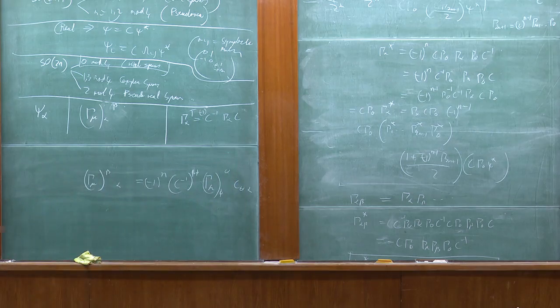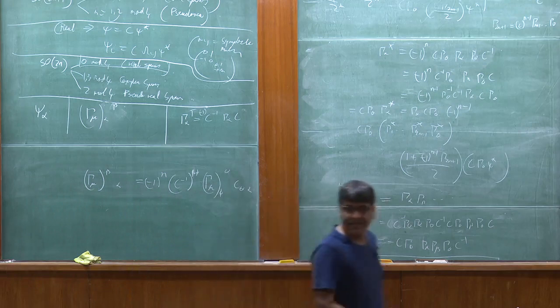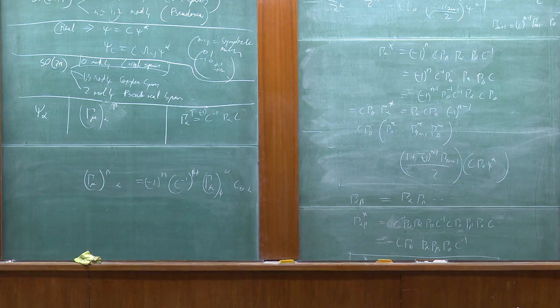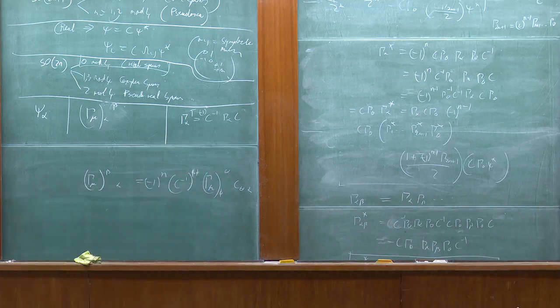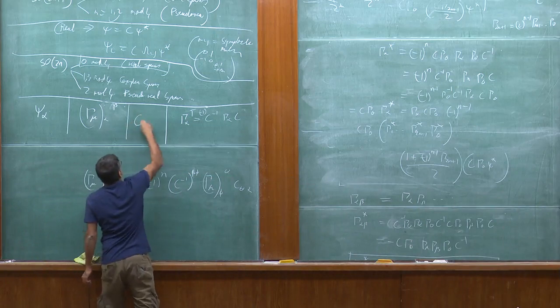So for this equation to make sense, it's clear what index structure we want to assign to C. C is a matrix with two lower indices, because basically the role in life of C is to convert an upper index to a lower index. And so C inverse has two upper indices. So we write the index structure C alpha beta.